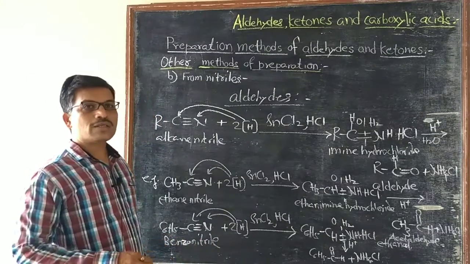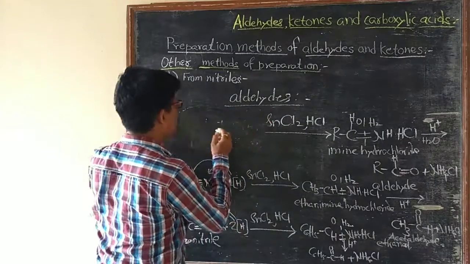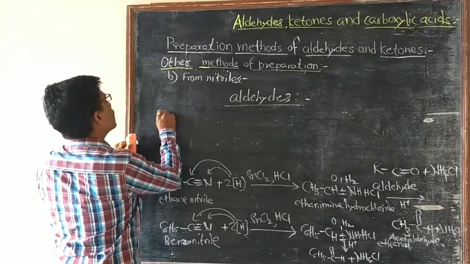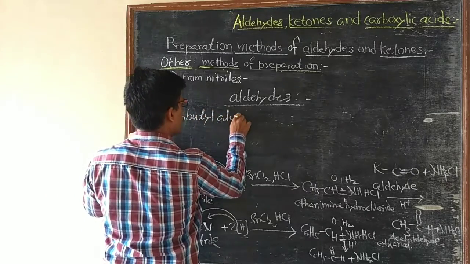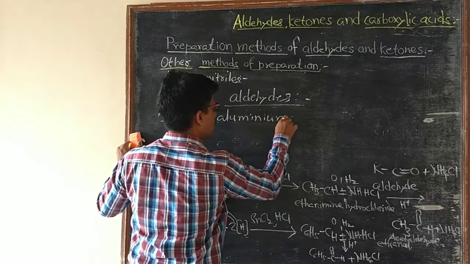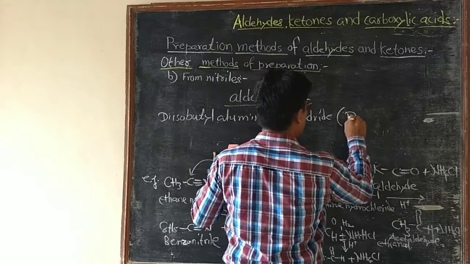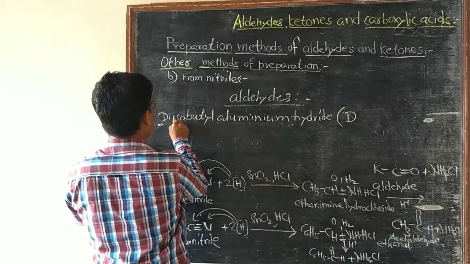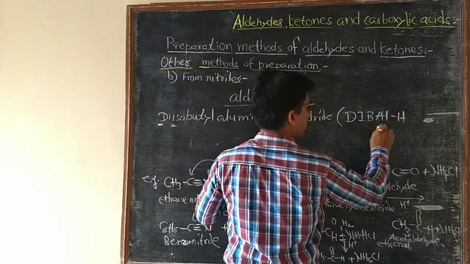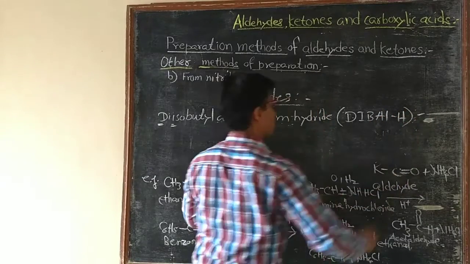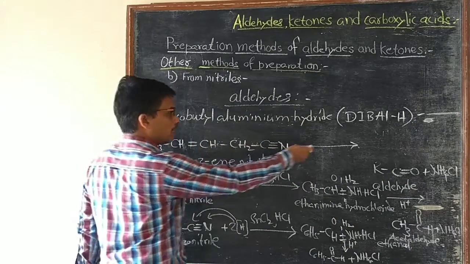Alternatively, nitriles can also be reduced by diisobutyl aluminum hydride. It is also called DIBAL-H. Pent-3-ene nitrile is treated with DIBAL-H.